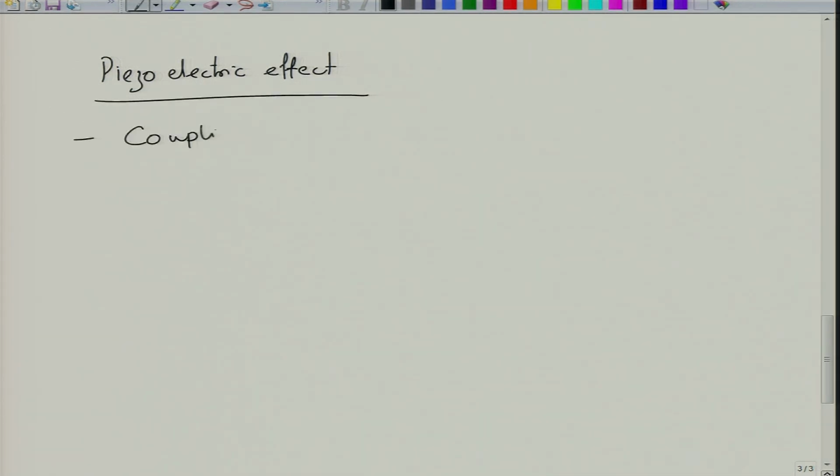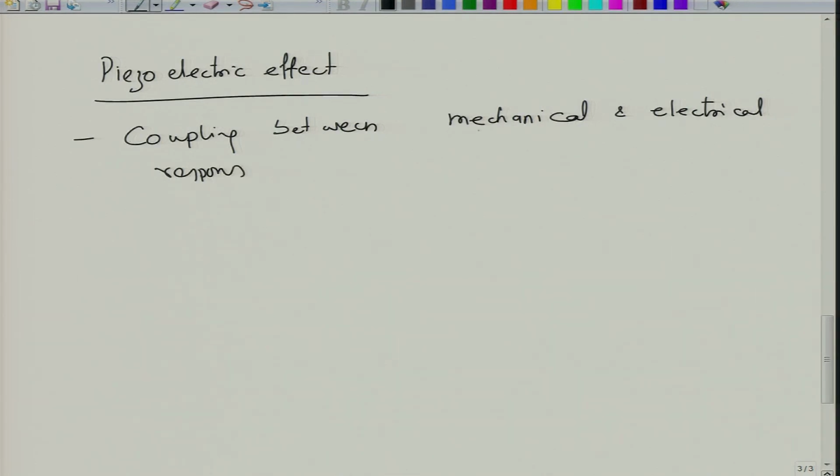The piezoelectric effect is basically coupling between mechanical and electrical response. By mechanical we mean it is mostly elastic in nature.